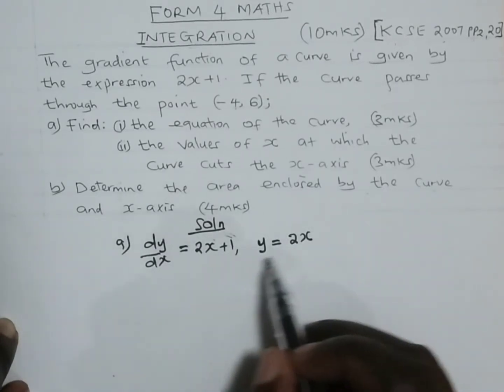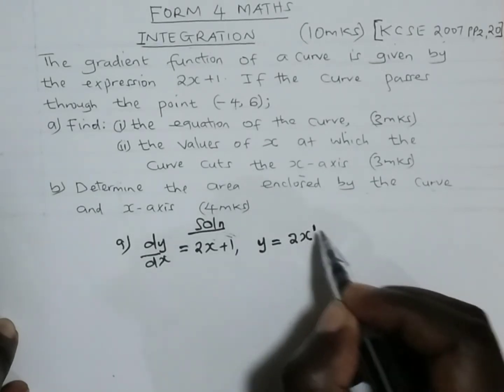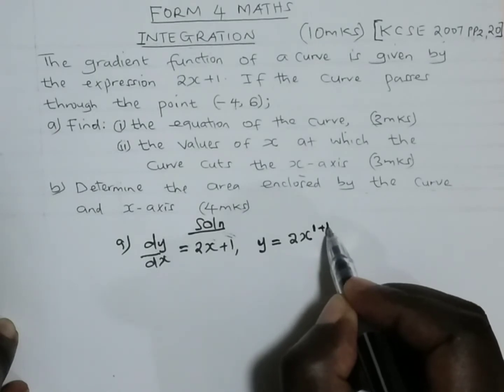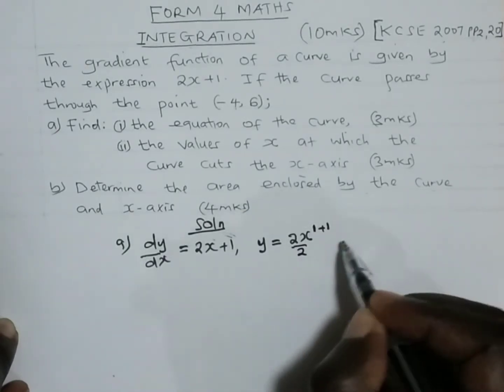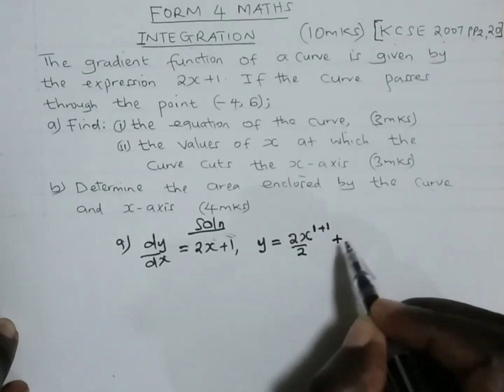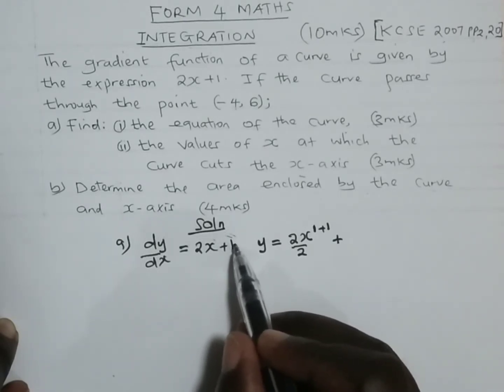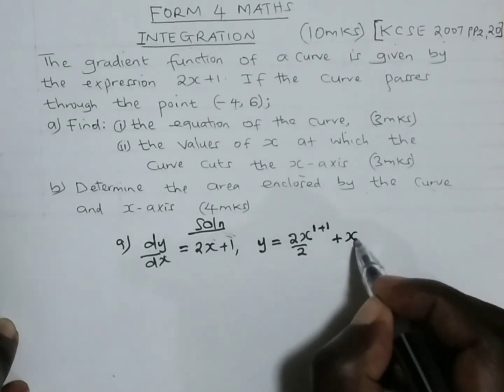So integrating 2x, you add 1 to the power, this is like x raised to power 1. We add 1, then we divide by the new power, which is 2, plus to integrate 1, you are going to introduce x, and therefore we are going to have x.